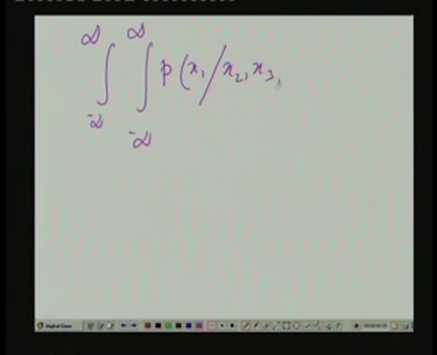And suppose you are doing this integral, p of x1 given x2, x3, x4 into p of x2, x3, x4, and integrate with respect to x2 and x3.